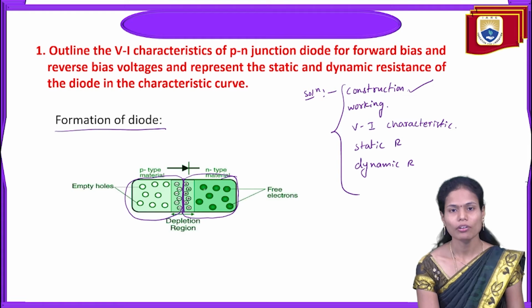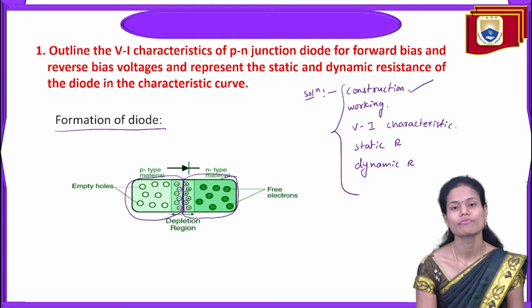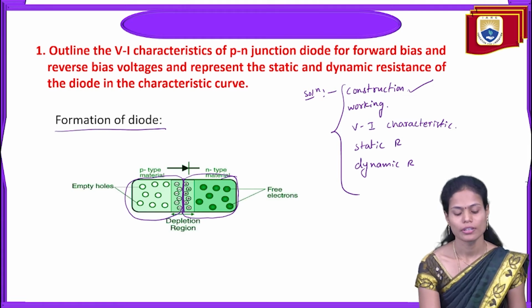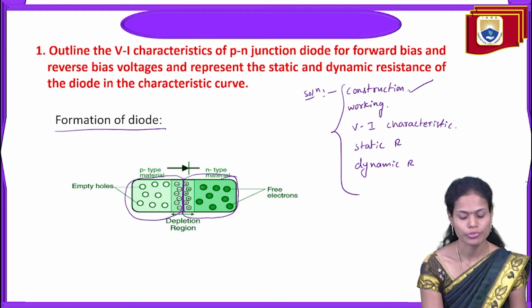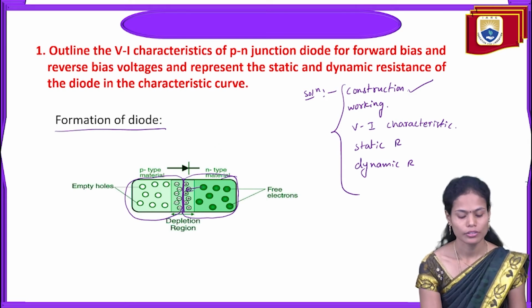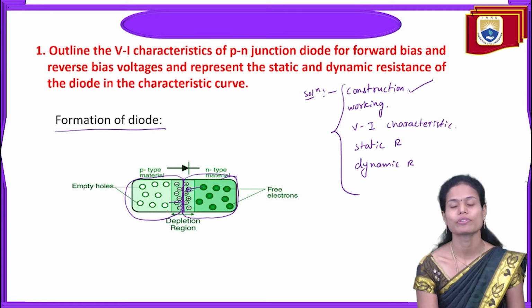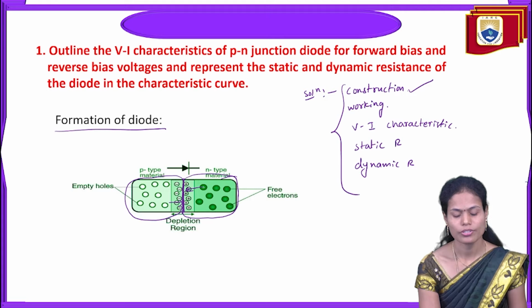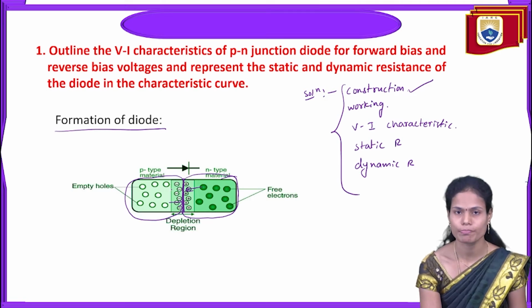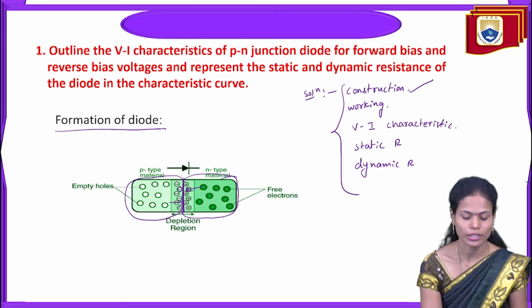As soon as we join the two types of materials, the electrons try to diffuse from the N side to the P side, and the holes also try to diffuse from the P type to the N type. The electron which leaves the N type region and combines with a hole present in the P type material becomes a negative immobile ion.